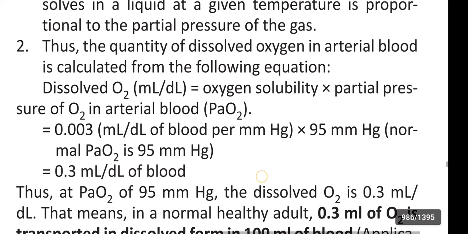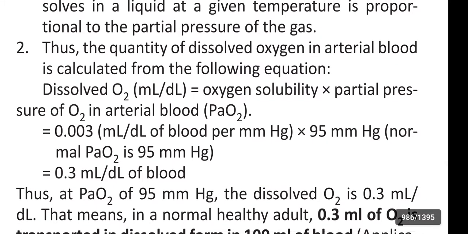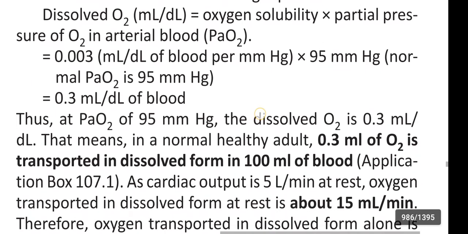Oxygen solubility is 0.003 ml per deciliter of blood per mmHg, and the normal partial pressure of oxygen in arterial blood is 95 mmHg. That is, dissolved oxygen is equal to 0.3 ml per deciliter of blood.